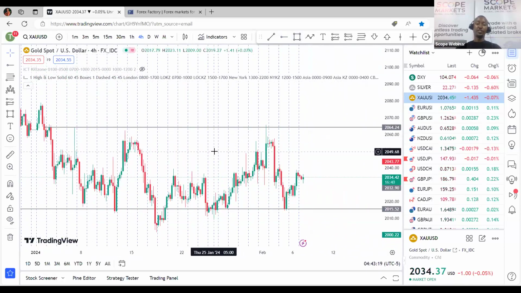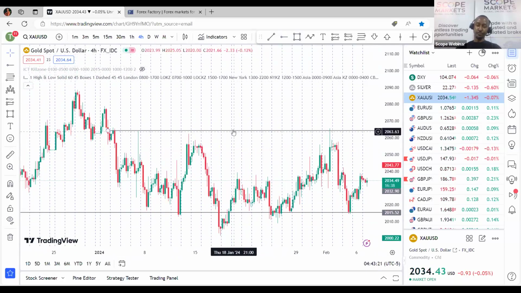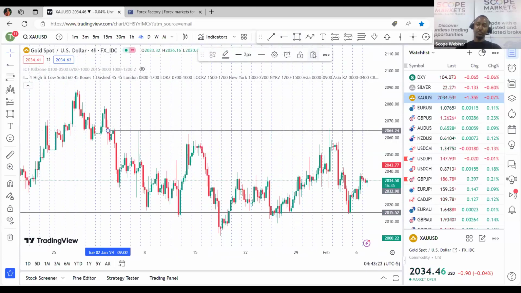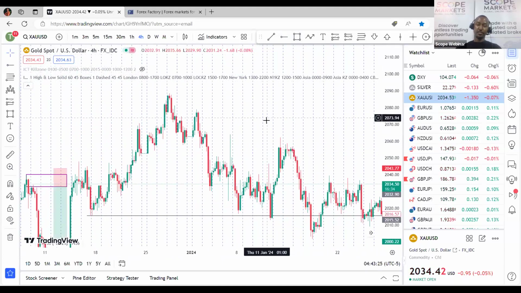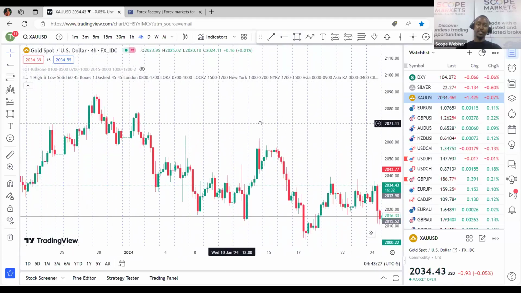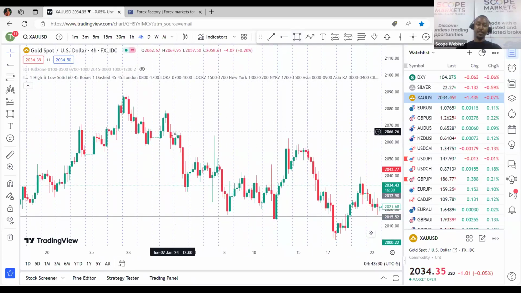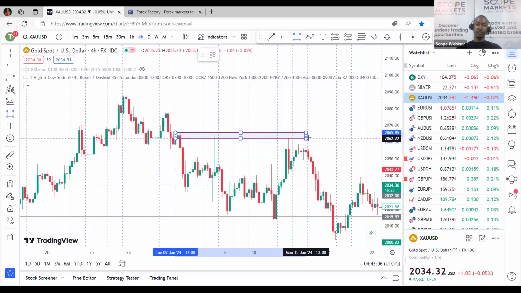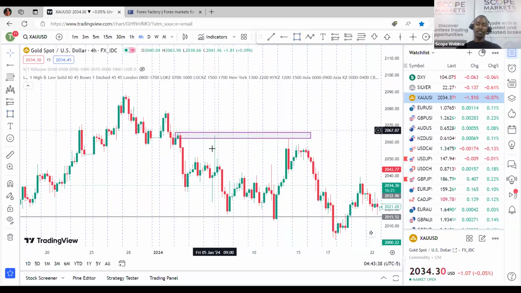Again, now from this particular point, you can see a very nice engulfing pattern. So we have a bearish engulfing pattern here. You can see the price pushed on the downside, but the price came again to this level, and this could have given you a very nice selling opportunity.